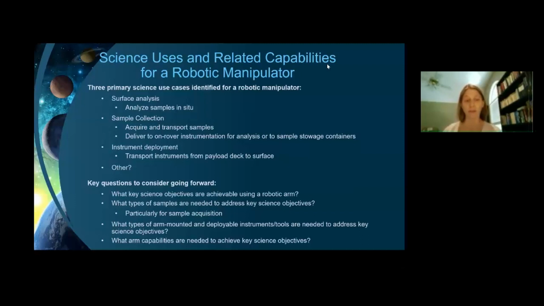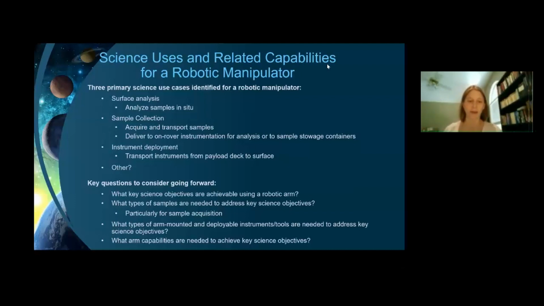We had encouraged people to identify any other additional use cases that we weren't covering in case we had missed anything. And then the key questions that we had identified last time as to what we want to consider going forward, and what we were encouraging as part of our submissions, was: what are the key science objectives that are achievable using a robotic arm?